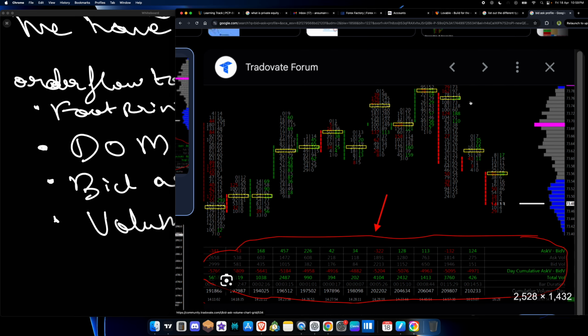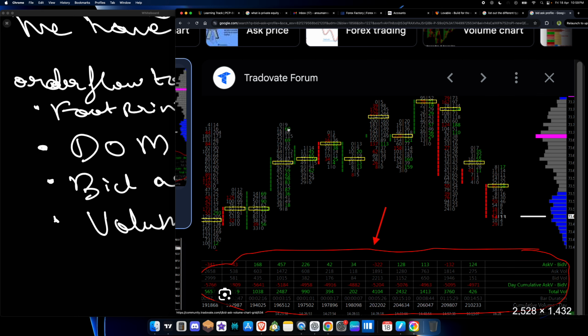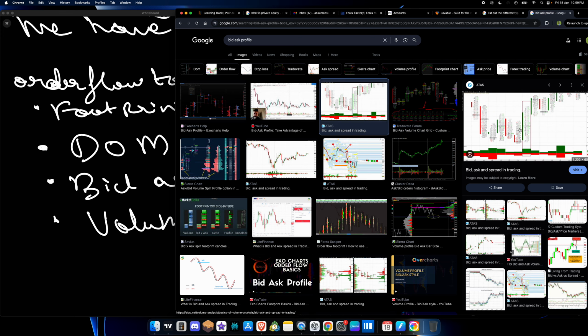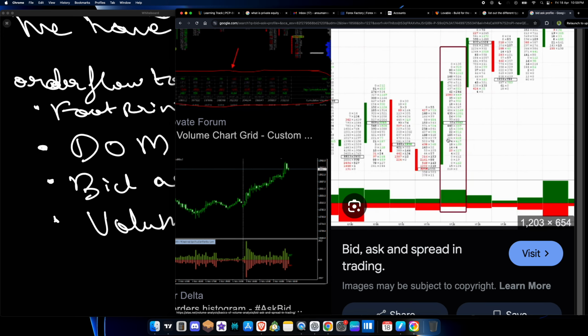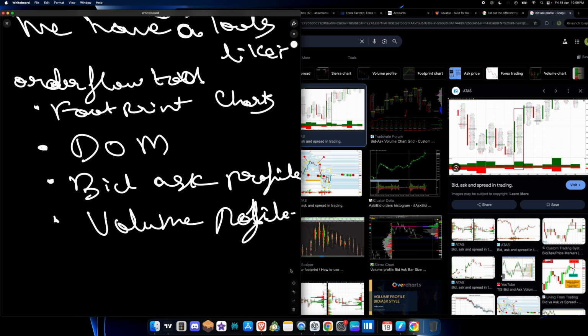This is the bid ask profile over here. The left hand side is the bid and the right hand side is the ask. So you have access to this kind of data while trading futures.